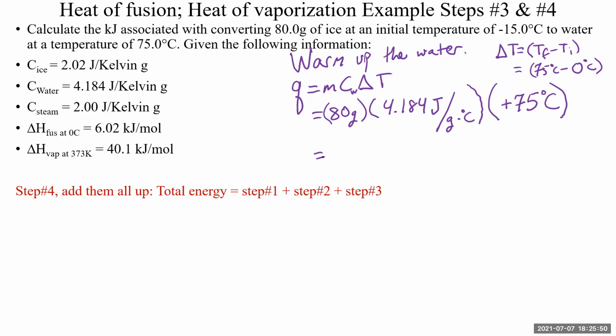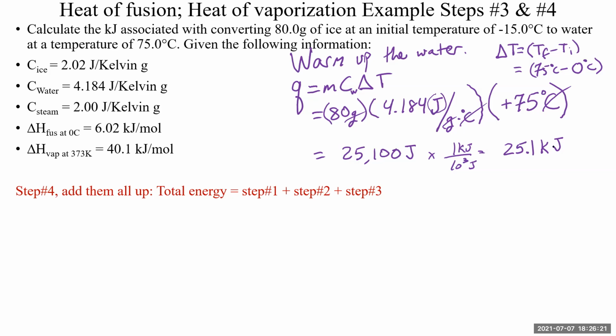Okay, so still it's comparable. I get 25,100 joules. So let's convert that again. Grams cancel, degrees Celsius cancel, we end up with joules. Let's convert that 10 to the 3rd joules to 1 kilojoule. So that's going to be 25.1 kilojoules.